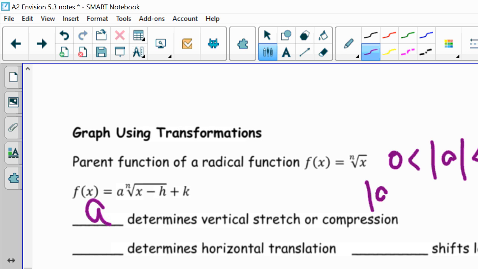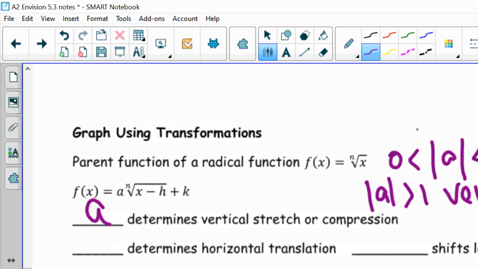If the absolute value of a is greater than 1, it is going to be a vertical stretch. And remember, if it's a vertical stretch, then it's also a horizontal compression. If it's a vertical compression, it's also a horizontal stretch.